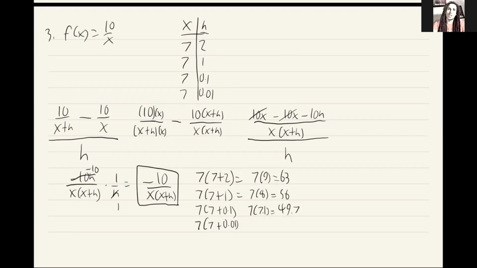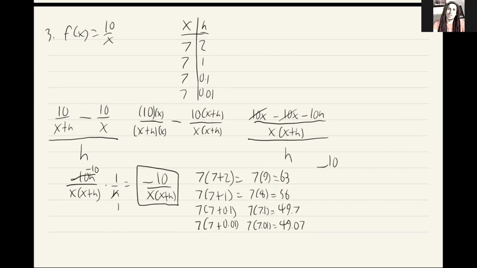And finally, 7 plus 0.01 equals 7.01. And if we do 7 times 7.01, that equals 49.07. But these are not going to be any of the answers because these are all under 10, negative 10 to be specific.